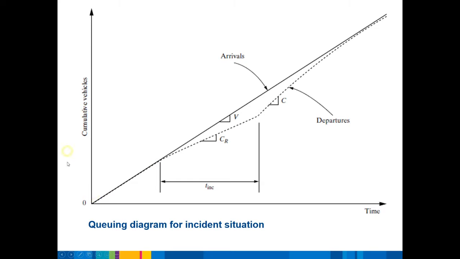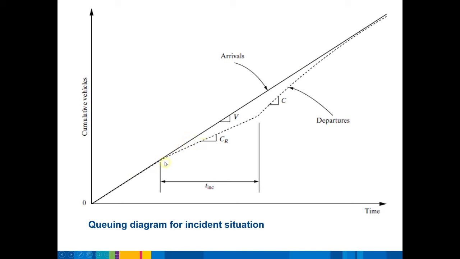So on this graph, we have cumulative vehicles on the vertical axis, and we have time on the horizontal axis. So again, we have an incident that lasts for time T, and the cumulative vehicles is increasing linearly because this value V, the demand, hasn't changed. So this stays the same.